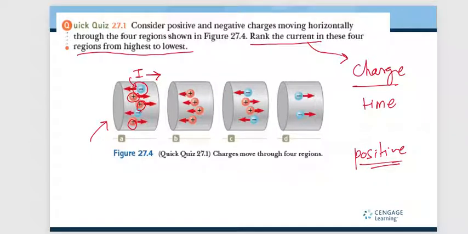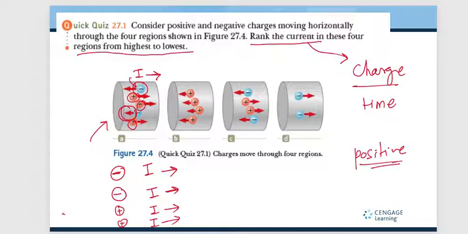So we have 2 negative charges which are moving towards the left. That means these negative charges are going to give current towards the right. So because of these 2 negative charges, we have current flowing towards the right, and we have 3 positive charges, all of them moving towards the right.